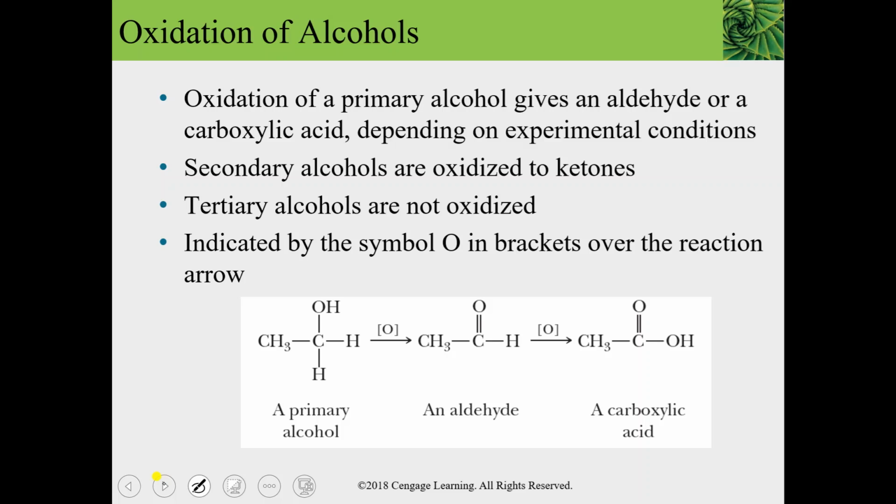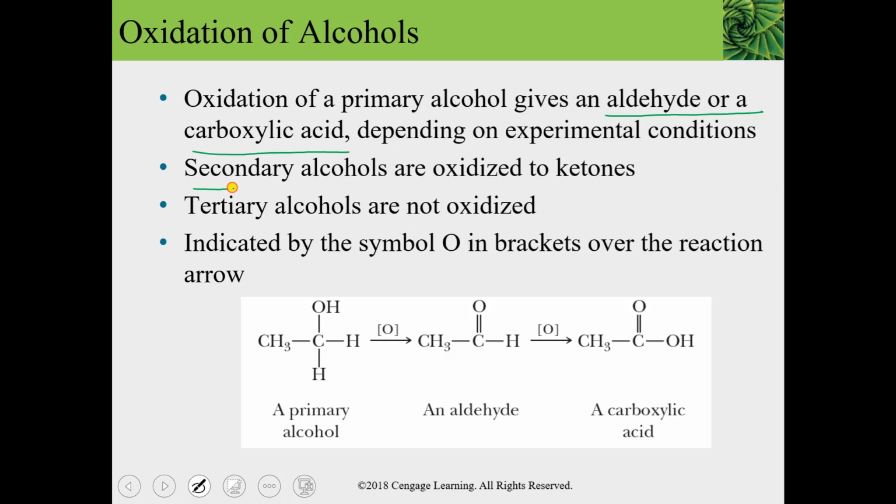With the oxidation of alcohols, again, primary alcohols will get an aldehyde or a carboxylic acid. We've already talked about this. I'm going a little bit fast through this because a lot of this we've seen earlier in the semester. Whether or not we get an aldehyde or the carboxylic acid depends on the conditions. What is in solution with the primary alcohol?